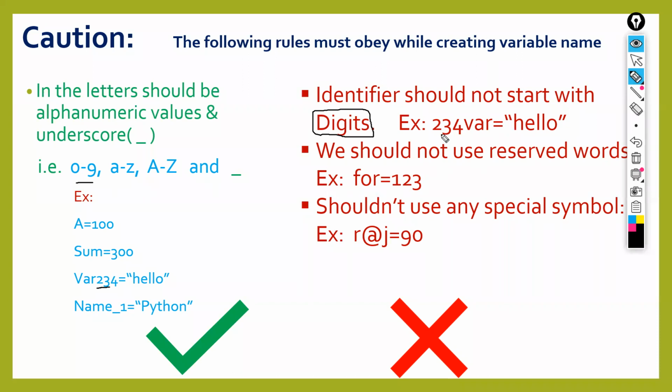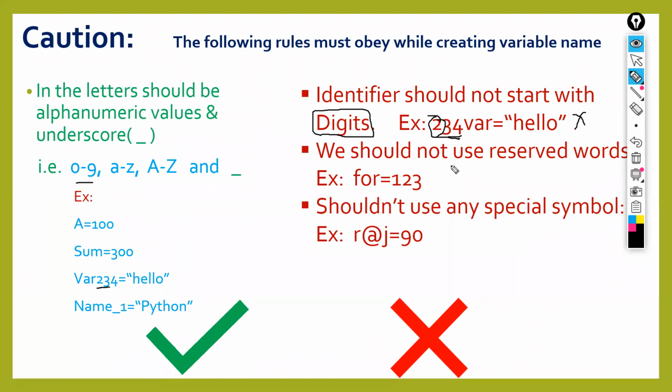For example, you can see here, 234: 2 is a digit, and 34 are also digits. The name starts with 2, so this is invalid. Python throws an error, that is a syntax error.